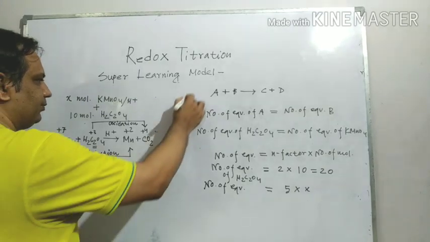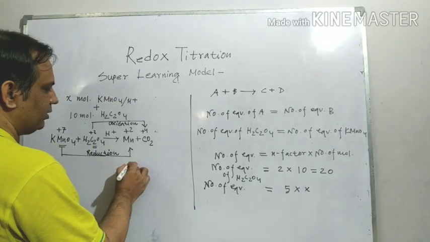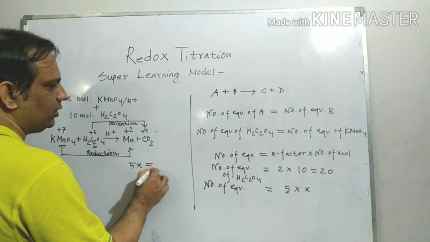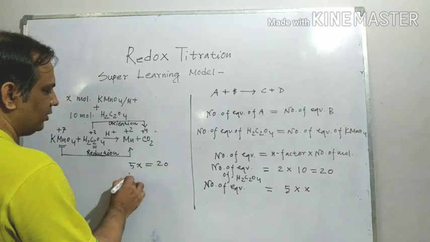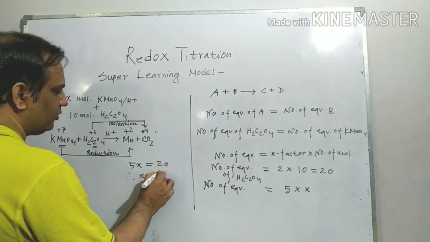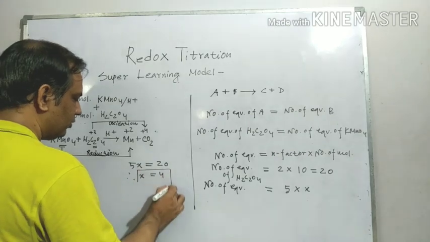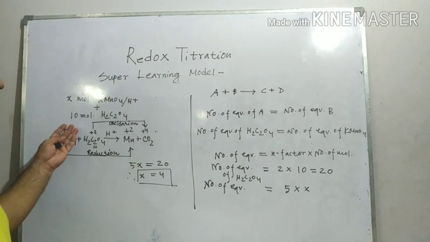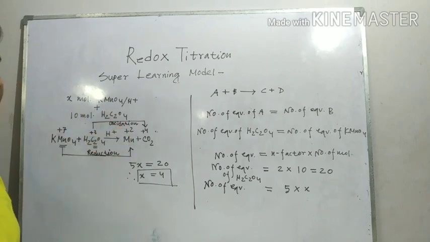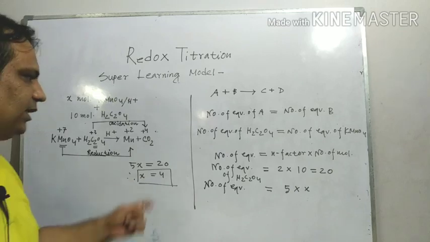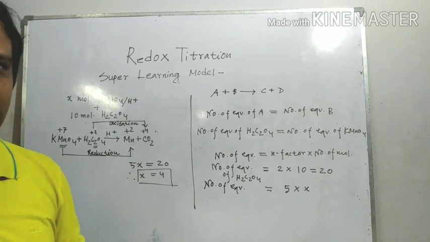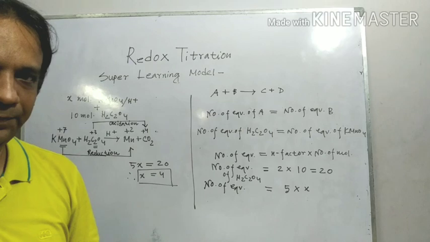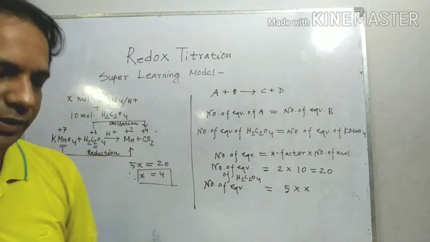So I can write 5x equal to 20, so x equal to 4. So the number of moles of KMnO4 required for reaction with 10 moles of oxalic acid in acidic medium is 4. I think this example is clear to all of you. Now we'll take another example.